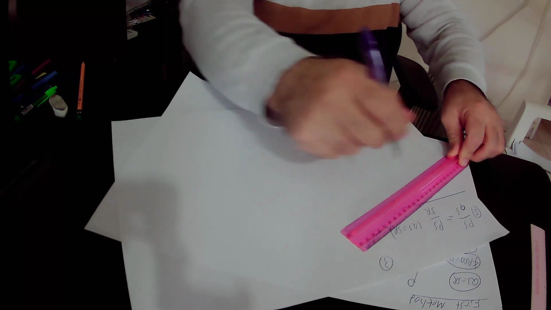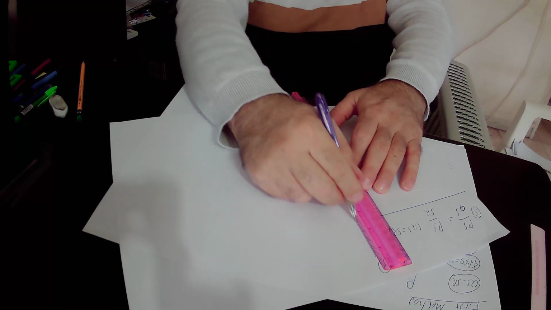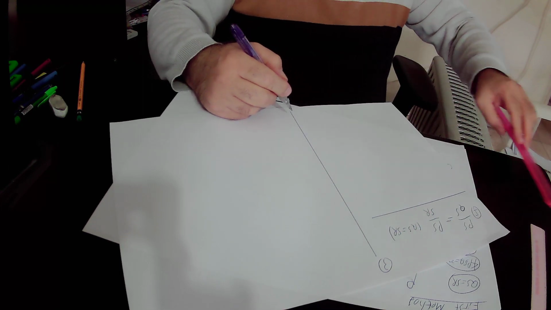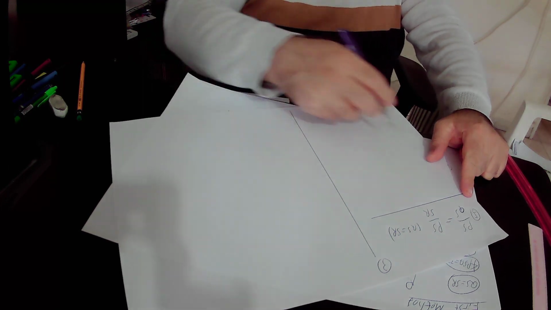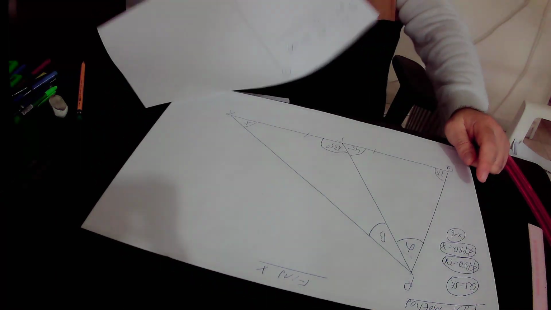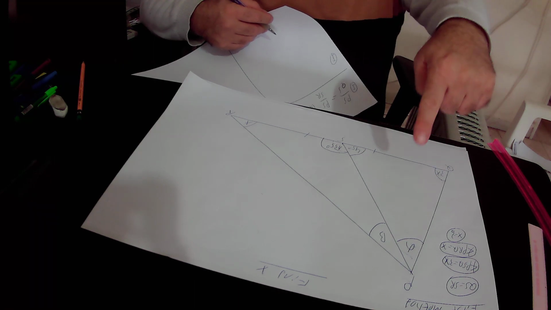But according to the equation that a over b equals sine A over sine B, PS over QS, if we relate to triangle PQS, will be equal to sine 3x over sine alpha.